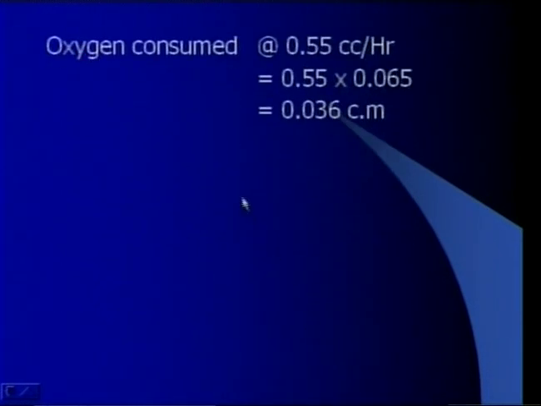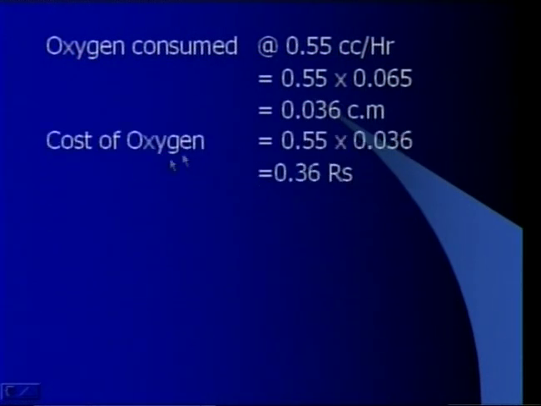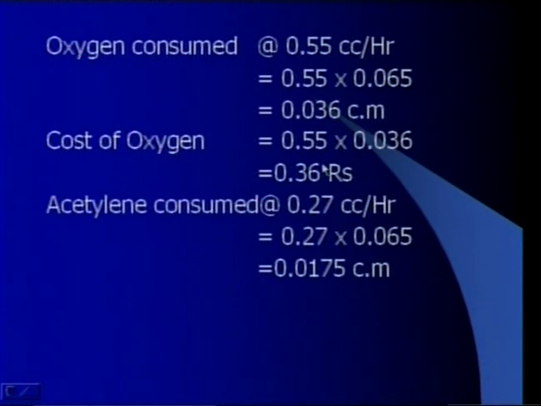You will get 0.065 hours. If we multiply it by the consumption of oxygen, at the rate of 0.55 cubic meters per hour, you will get the consumption as 0.03536 cubic meters. Then the cost of the oxygen consumption is like this. After the consumption is calculated, the cost of the oxygen is 0.36 rupees.